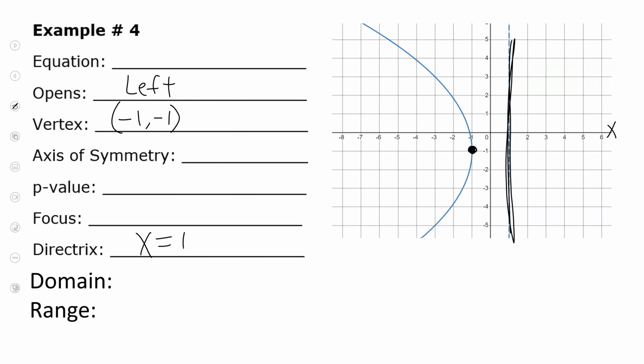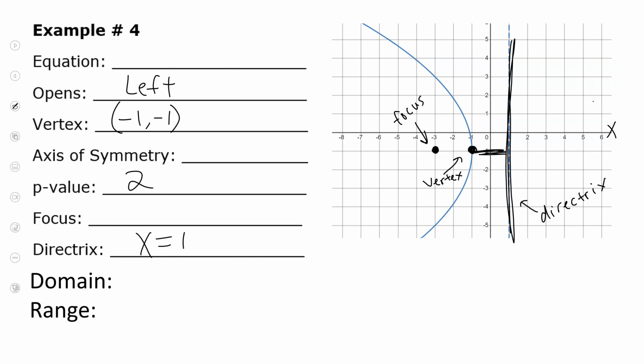Guys, how far is the vertex from the directrix? Yep, it's 2 spaces away. So that means my p-value is 2. This is 2 spaces away, so my p-value is 2. Okay, so if my p-value is 2, that means I can go 2 spaces inside, and this is my focus.